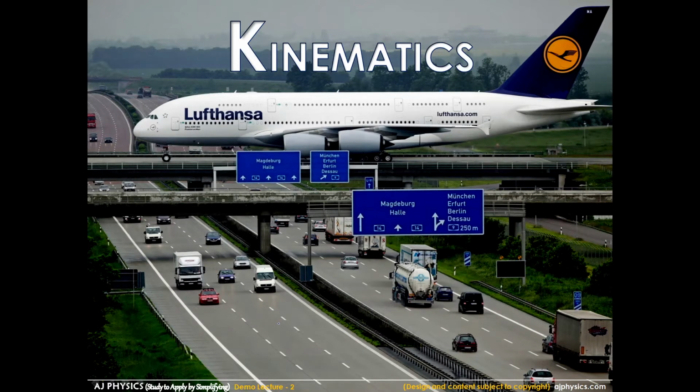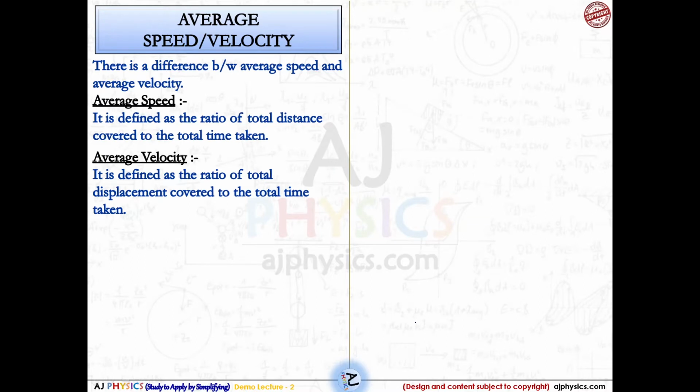So let's brush up some concepts. The first thing is the average speed and the average velocity. In class ninth, I already told you that the average speed is the total distance covered.